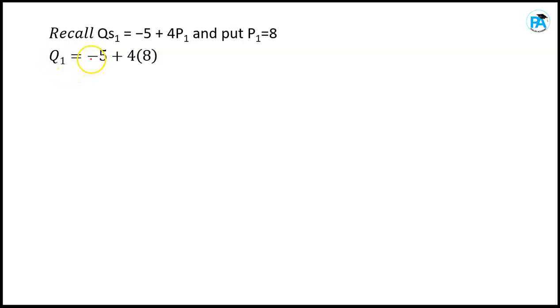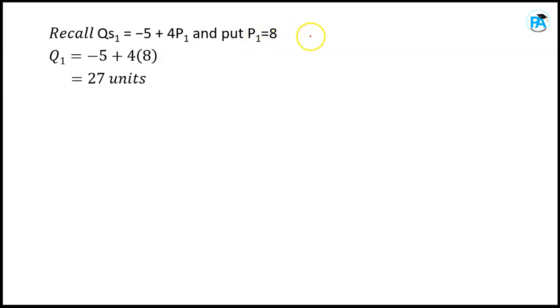So that will give us -5 plus 4 times 8. 4 times 8 gives you positive 32, right? So -5 plus 32 gives you positive 27. Add units to it since it's quantity.